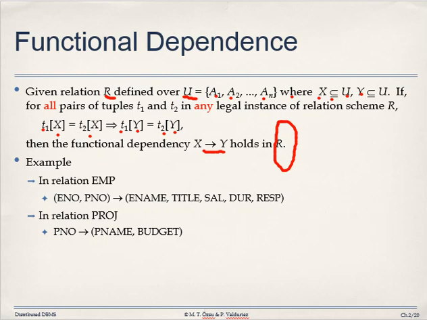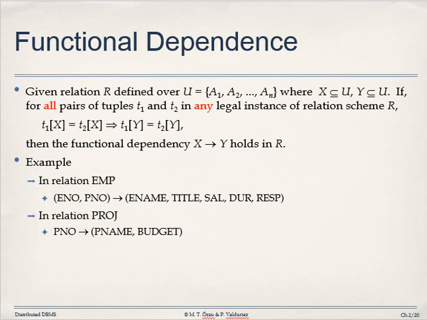For example, in the relation employee that we already discussed in previous slides, the employee number and project number define the name of the employee, and hold the title, salary, duration and responsibility. In the project table, the project number defines or holds the project name and budget. So this is a kind of functional dependency.